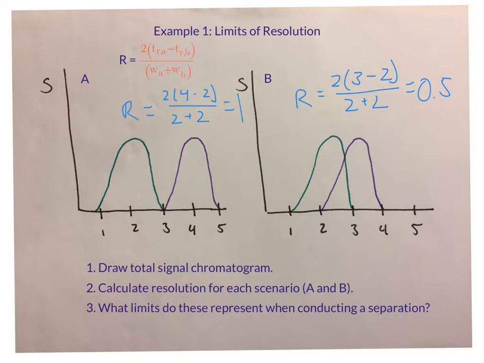Now, by doing out this calculation, we learn that whenever we get full baseline separation, that's where we get resolution 1. And so what you'll usually see defined as full baseline resolution is a resolution of 1 or greater. Now, whenever you're dealing with true Gaussian peaks, the overlap here at the baseline is still somewhat significant, even at a resolution of 1.